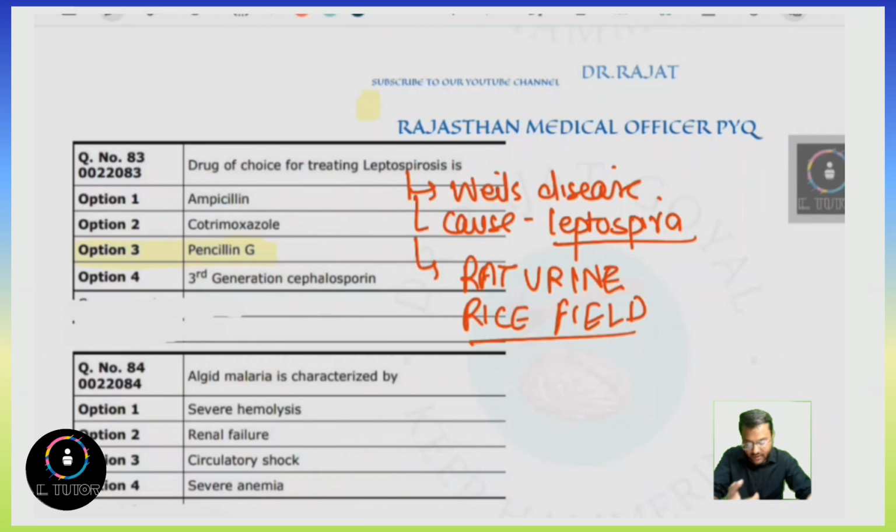Cotrimoxazole is the drug of choice for Pneumocystis jirovecii. Third generation cephalosporin acts as a drug of choice for many diseases.